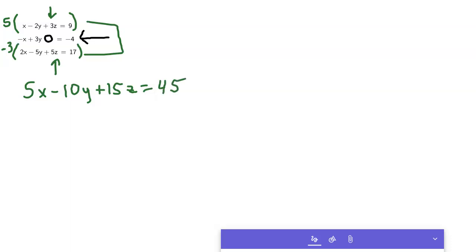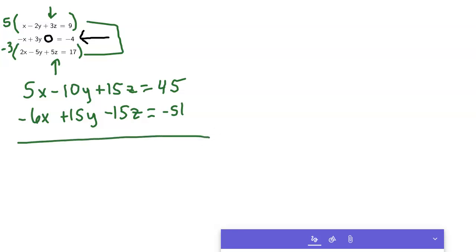On the bottom equation, you'd have negative 6x plus 15y minus 15z equals, and then 17 times 3 is negative 51. And then you add those two together because the 15z's would cancel.